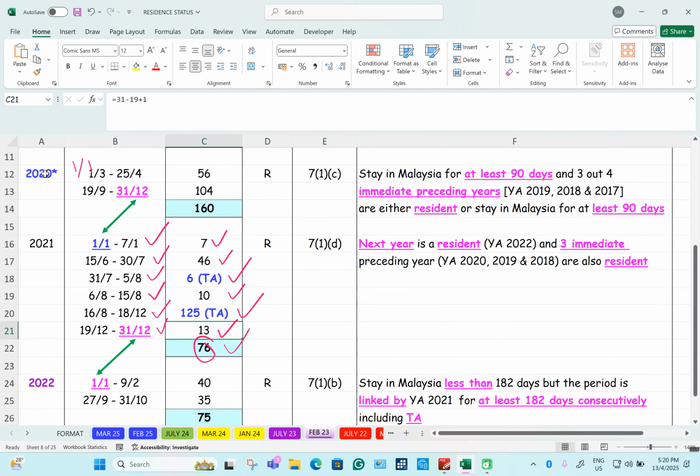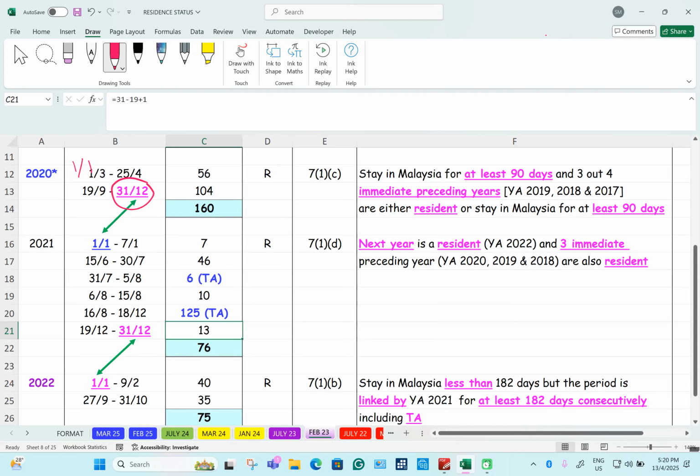So at the end of the year, our calendar 31st December. Yes, we do have 31st December. Now, you cross to YA 2021. After 31st December, I need 1 day, which is 1st January. So starting from 1st January, I need 182 days consecutively.